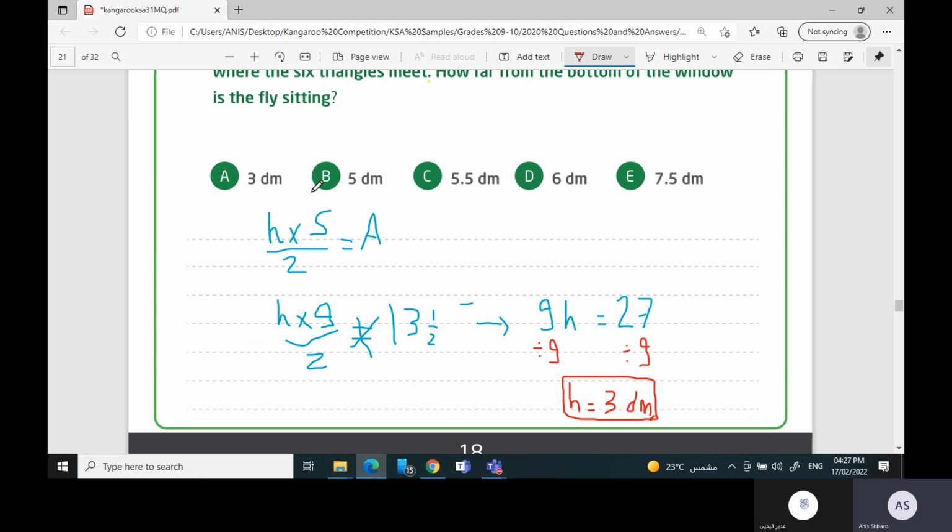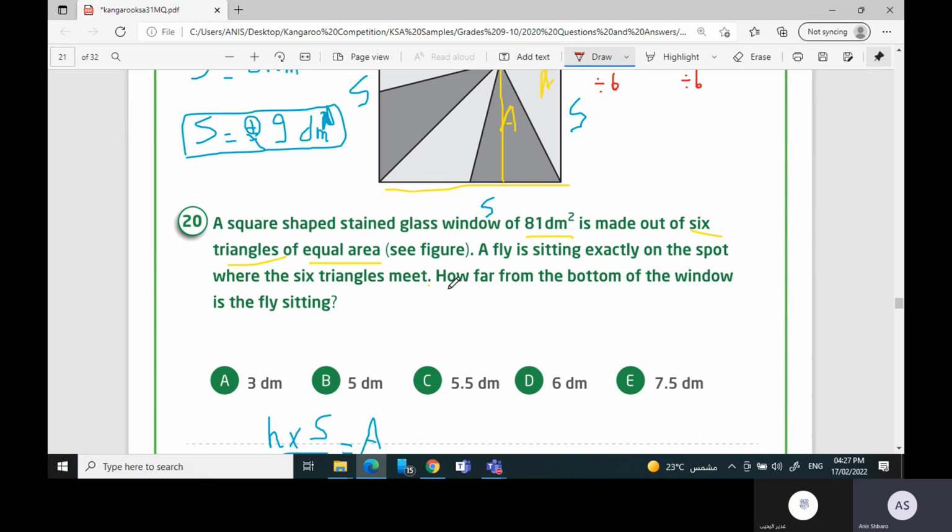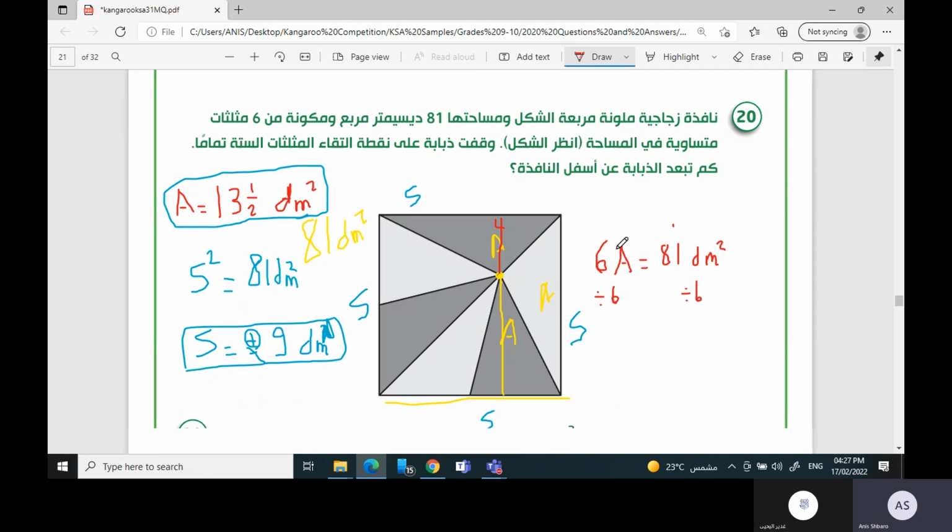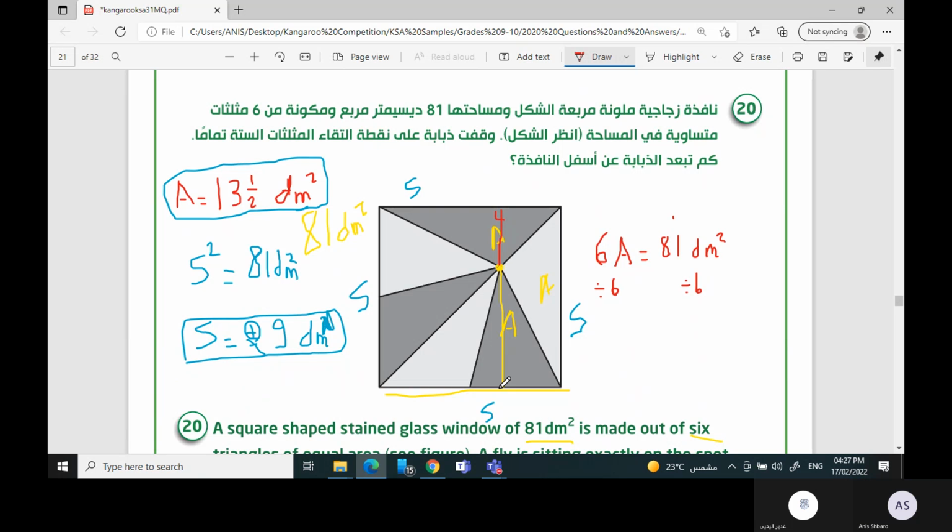Please, please, please don't directly choose A, because we are not done yet. We must go up and find the real answer. How far from the bottom of the window? So I need to find this side, not this side.